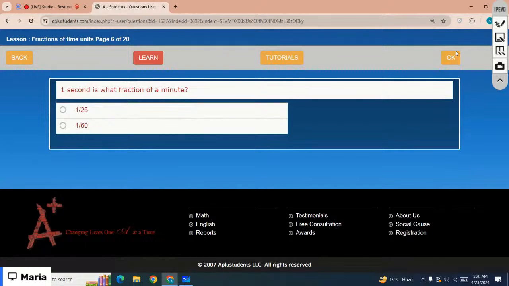1 second is what fraction of a minute, which is the correct option? Yes, very good.